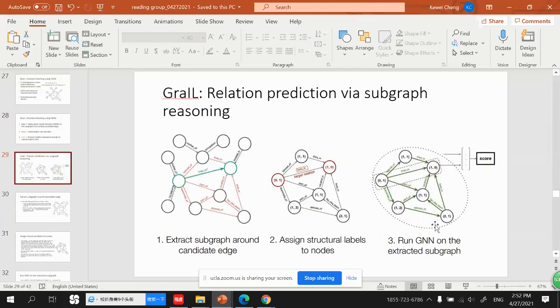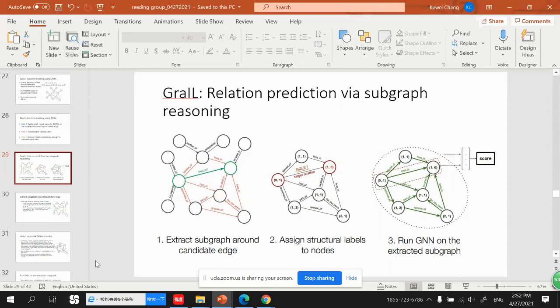Now I will introduce the details of the framework. As this paper is inspired by the first paper, similarly, it also contains three steps. The first step is to extract a subgraph around the candidate edge.